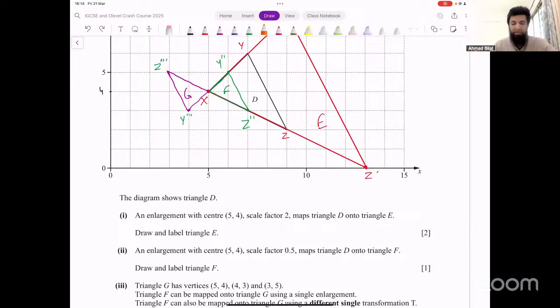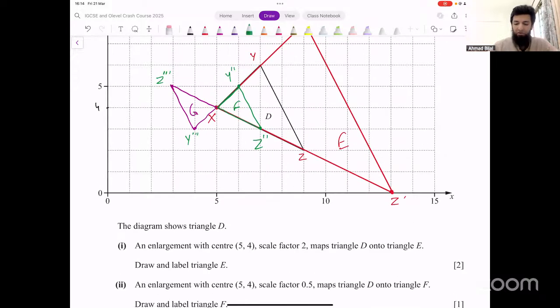It is basically an enlargement with its center at the point X and scale factor -1. Why -1? Because the figure is going on the other side of the center, right? F is on one side of the center, G is on the other side of the center. So the scale factor is going to be negative.